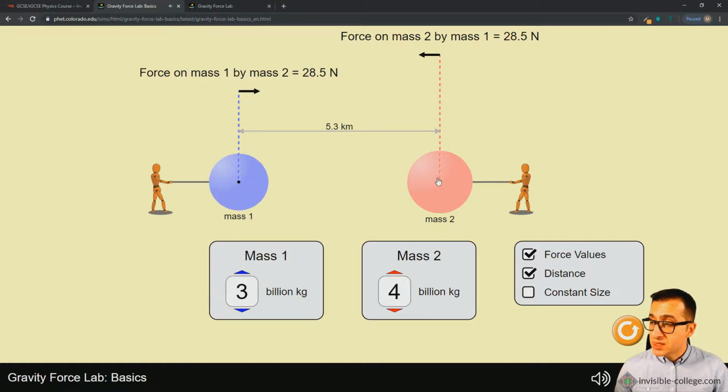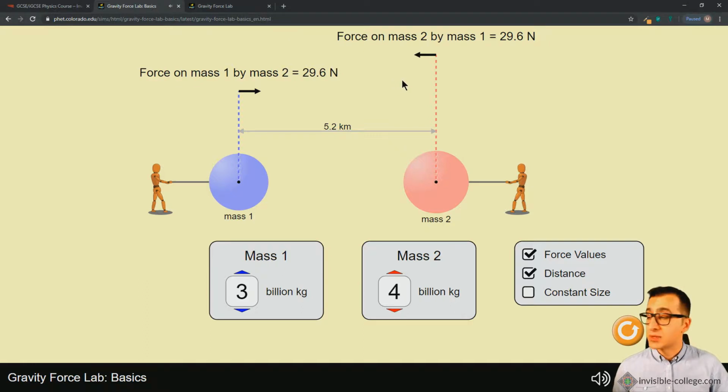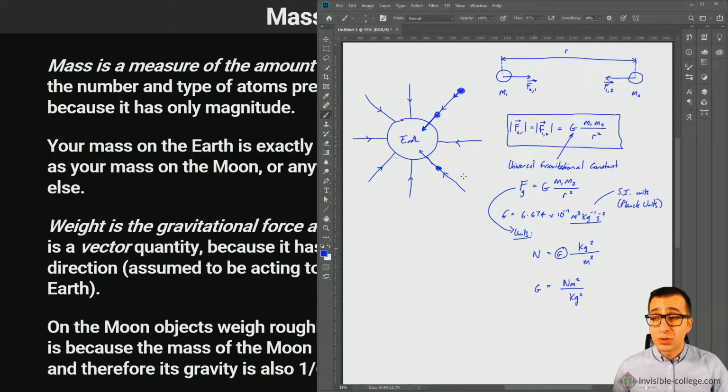So you can play around with this simulation, and you can actually see that these values do work out in Newton's equation for universal gravitation. So this gives you a sense that all objects attract all other objects, and they attract each other in pairs with forces which are equal and opposite, and the magnitudes of those forces can be given by Newton's law of universal gravitation.